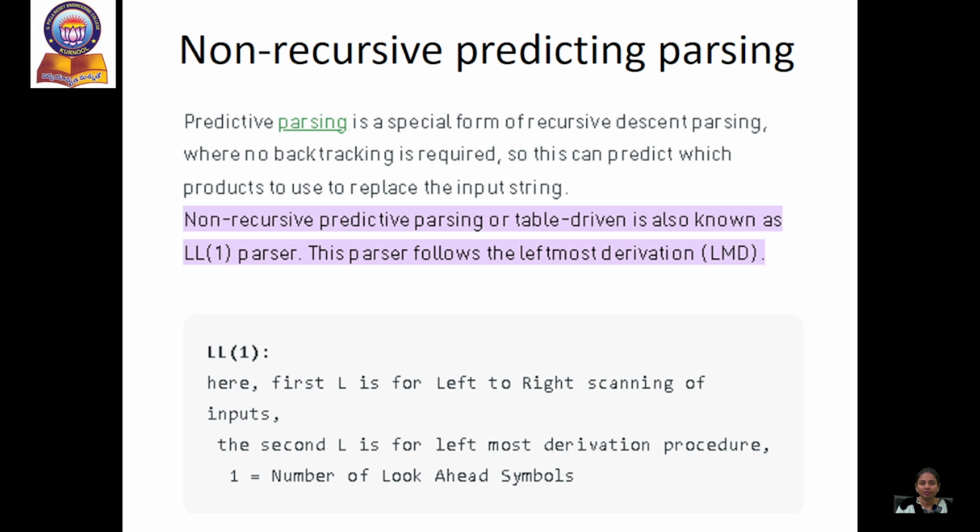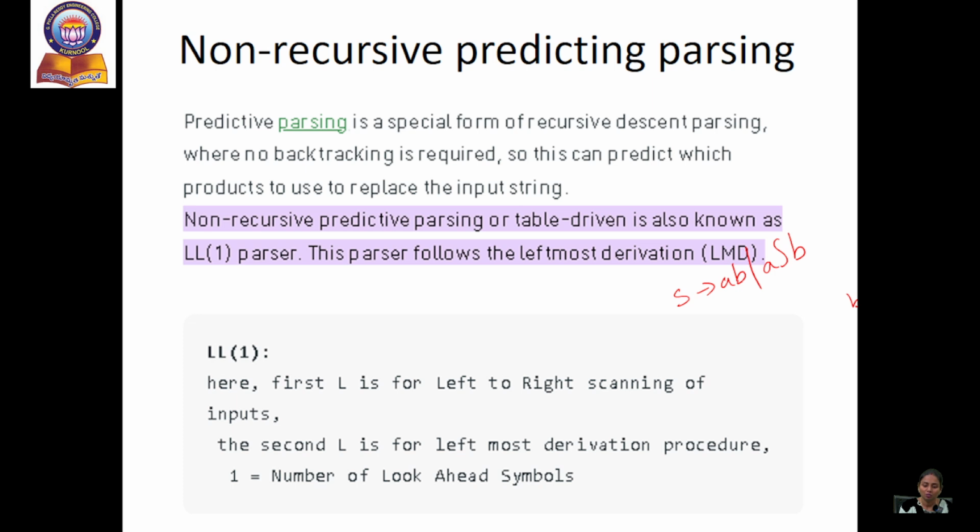Actually, backtracking is not required here. Why? Because whenever there is a possibility of replacing a non-terminal with its production, it checks which is suitable before replacing that non-terminal. Suppose S derives AB and also S derives ASB.